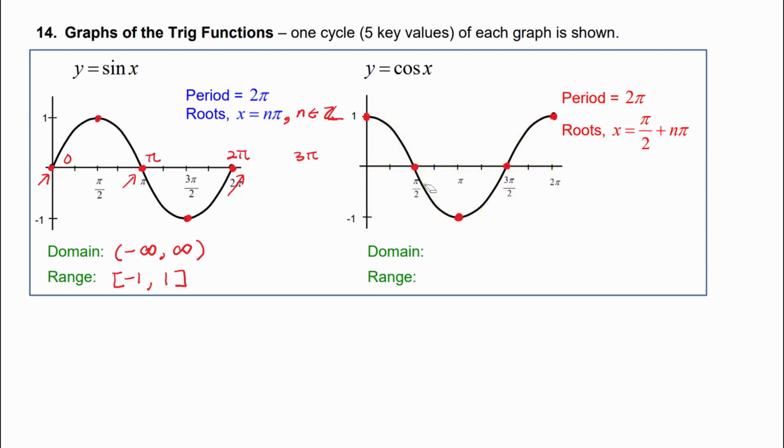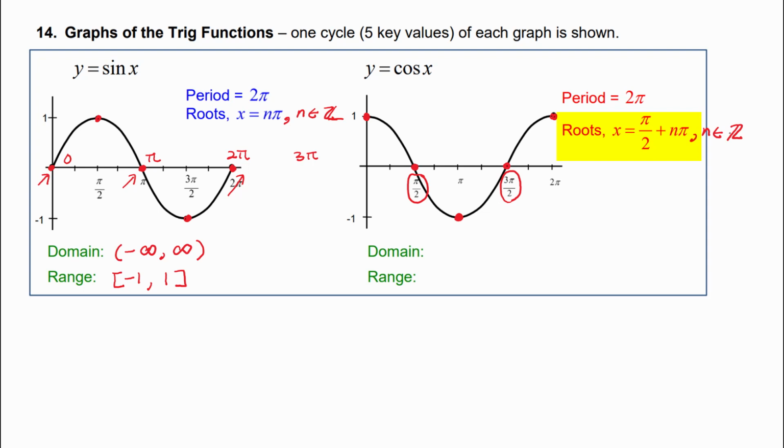What are your roots? The first root you see is pi over 2, and the next one is pi later, 3 pi over 2. The next one is another pi later. So we say all the roots are x equals pi over 2 plus n pi, where n is an element of the integers.